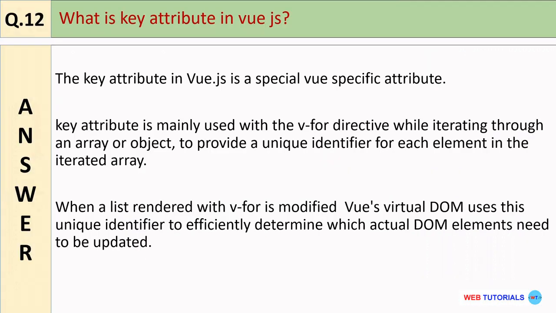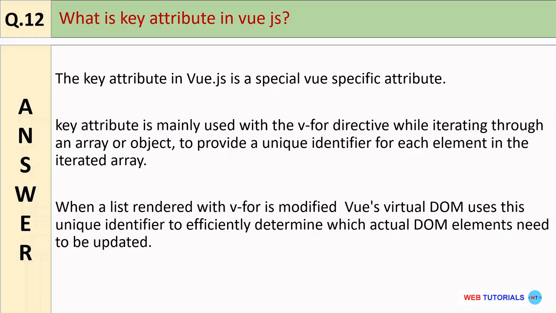What is key attribute in Vue JS? The key attribute in Vue JS is a special Vue-specific attribute. Key attribute is mainly used with v-for directive while iterating through an array or object to provide a unique identifier for each element in the iterated array.